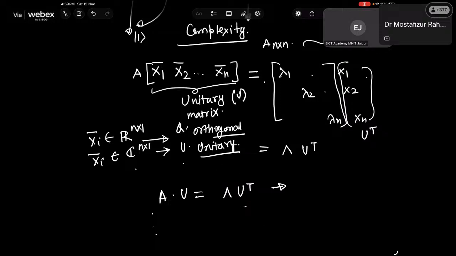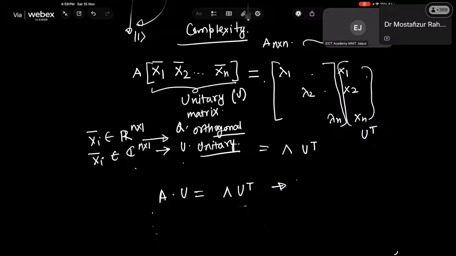You can always write this way: u transpose a u equals lambda.